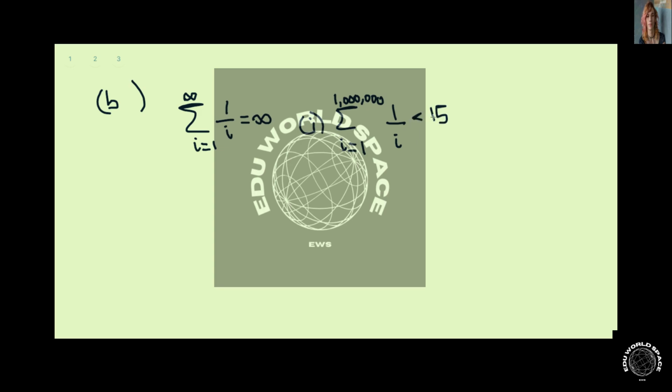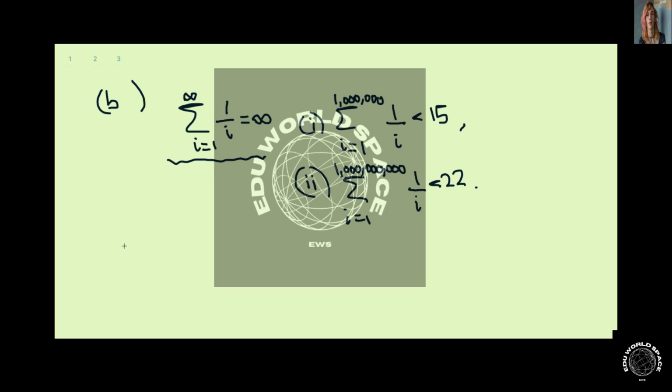And then we'll also show that if you had 1,000,000,000 terms, it actually is not much larger. In this case, it'll be less than 22. So these confirm that even though this is an infinite sum, it just happens to grow very slowly.